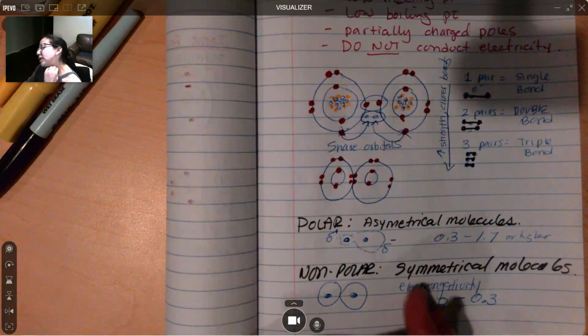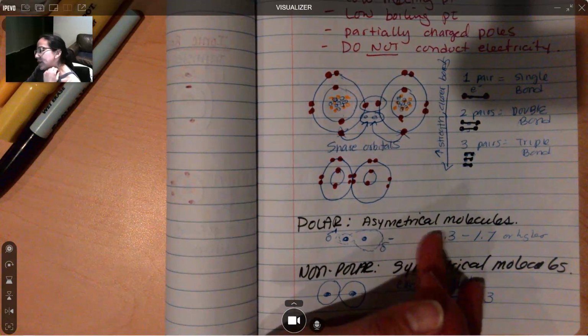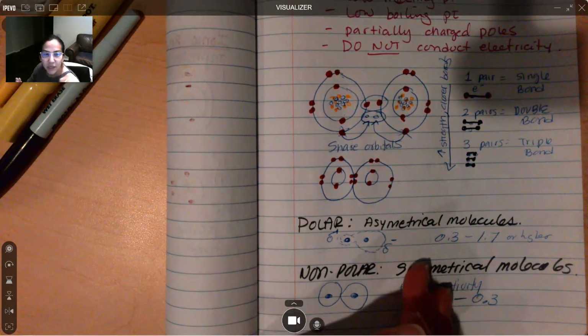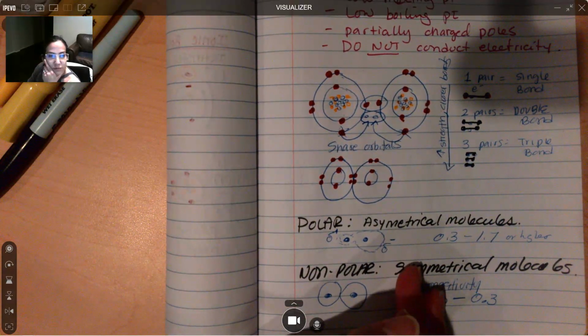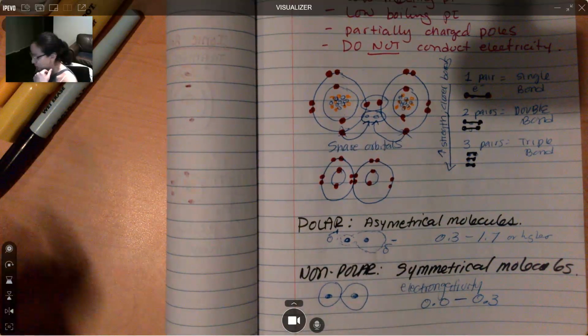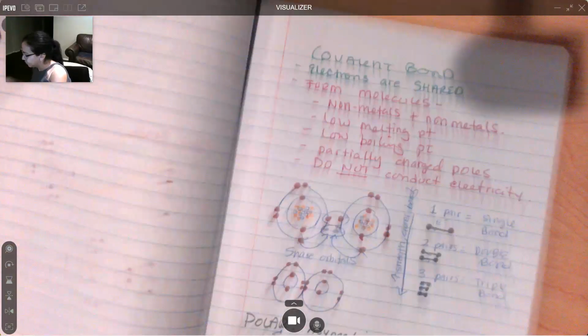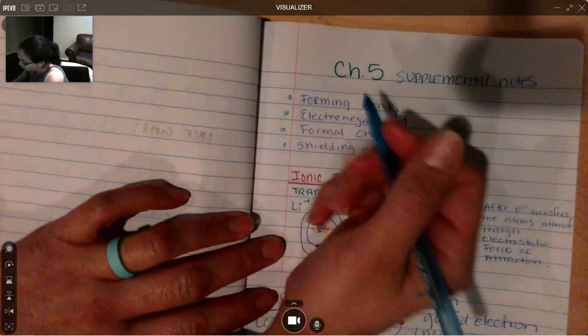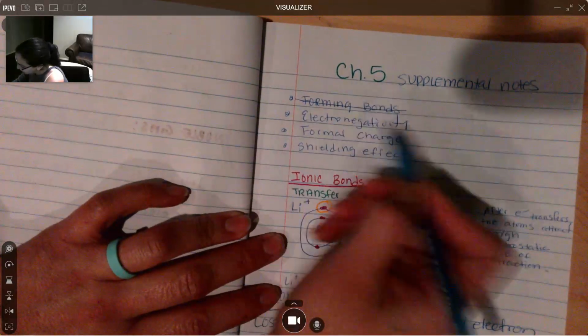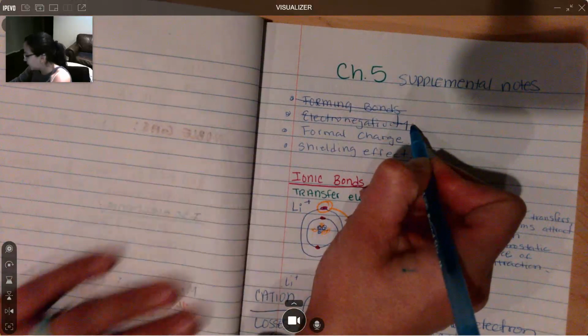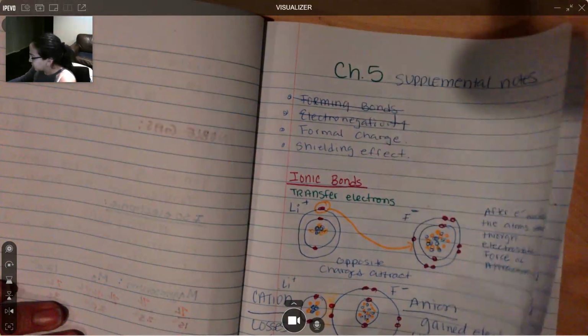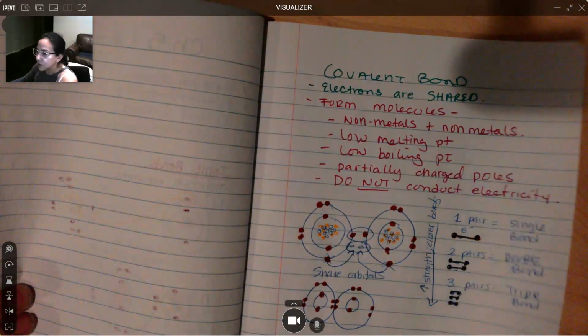And if your electronegativity value is in this range, then you're going to be highly electronegative. All right, that covers that part, which is forming bonds and electronegativity. Let's go into this shielding effect right quick.